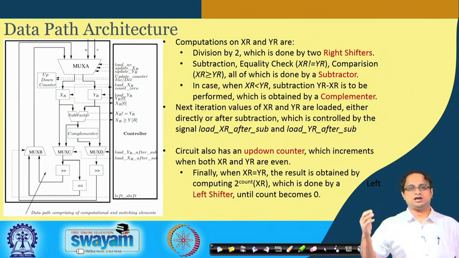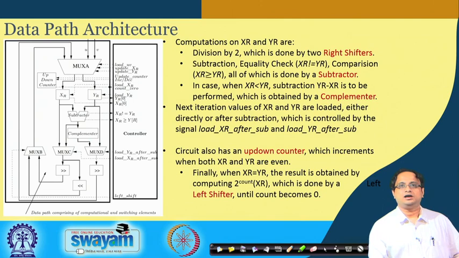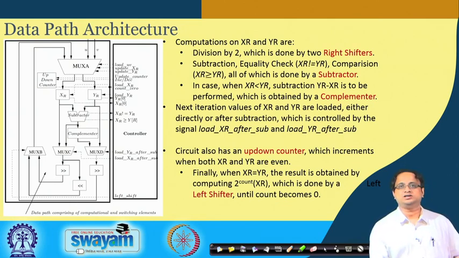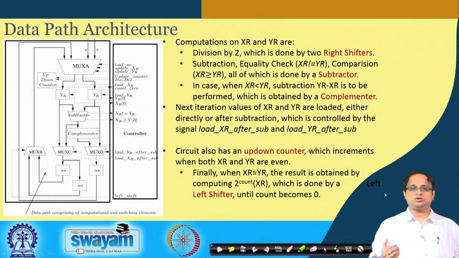Once this process is done, there is an up counter, which, as I said, increments a counter, and finally, when you are at the final state, that is S5 or state 5, you also have to do left shifting. So there is a counter which can either count up or count down.